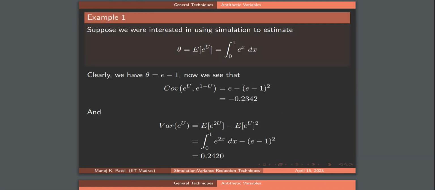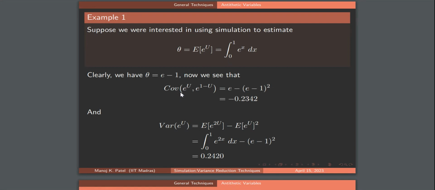So first we'll see one example here. Suppose we want to simulate the expectation of exponential of U, where U is a uniform random variable on (0,1). So clearly we can see that the expectation will be e minus 1 here, from the integration.